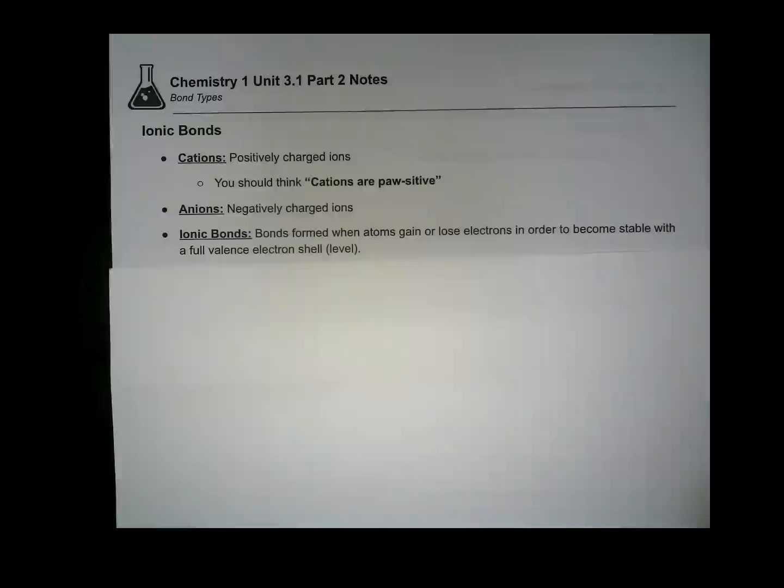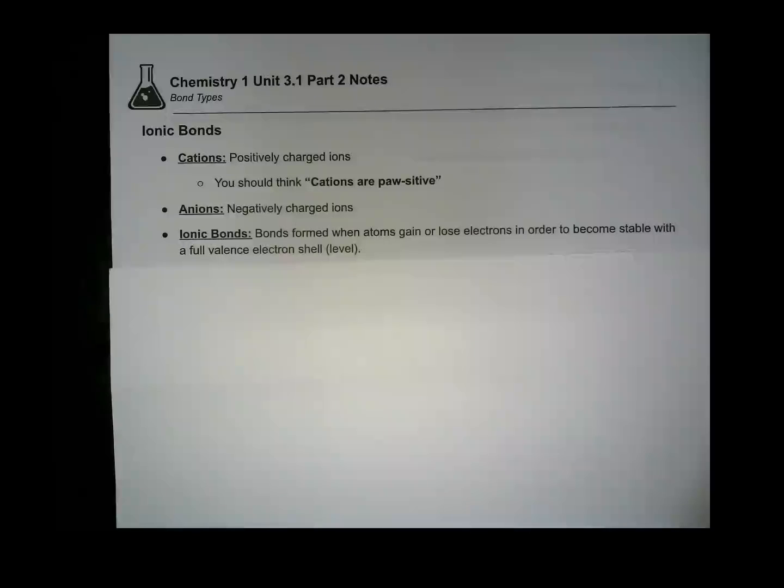When they are exposed to another particular kind of element, they are going to be more inclined to either give away or gain, take these electrons. What's important here is that bonds are formed when atoms gain or lose electrons.